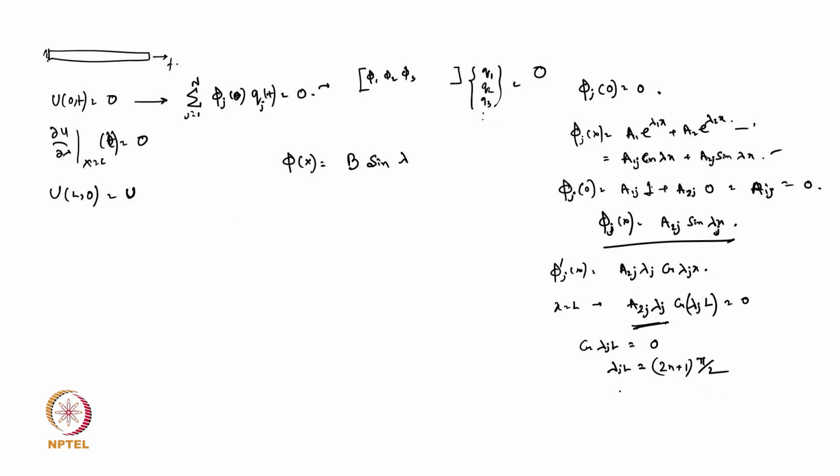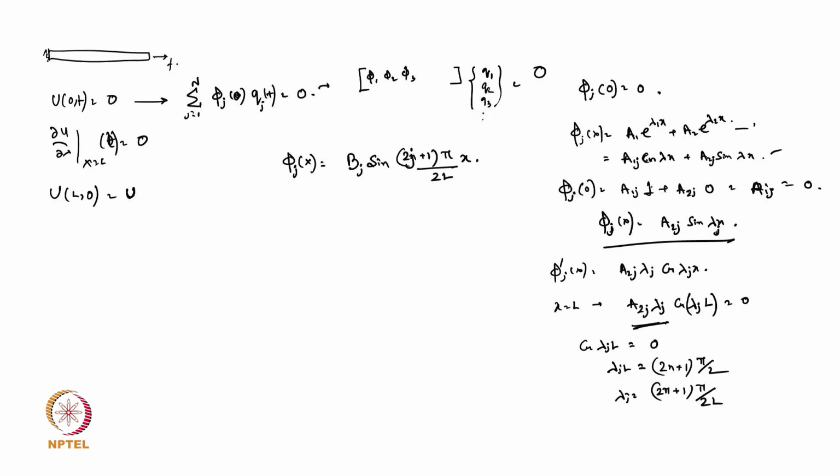So lambda j should be equal to 2n plus 1 into pi divided by 2L into x. So that will be my shape functions. Or maybe I just put it j. Yeah, so that is phi j.